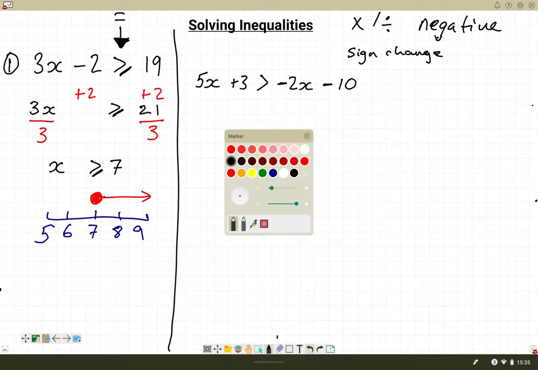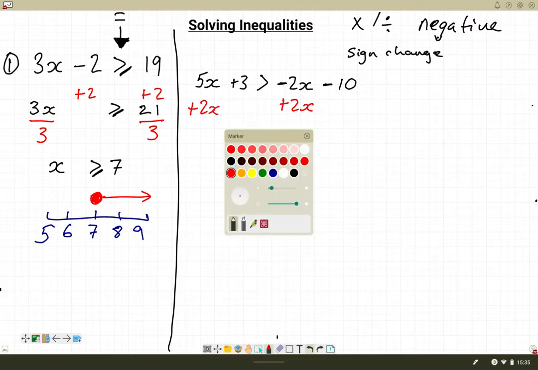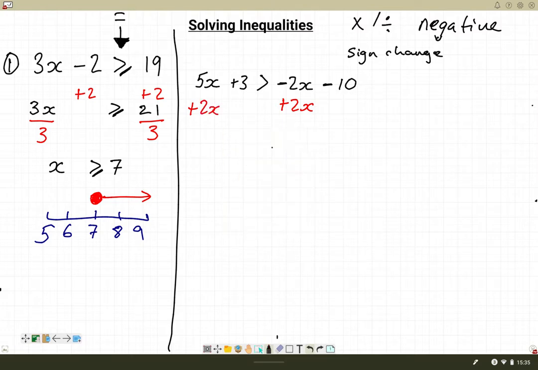As you can see, guys, the smaller x is negative 2x. So the opposite of negative 2x, plus 2x on both sides. That gives me 7x plus 3 is greater than negative 10.